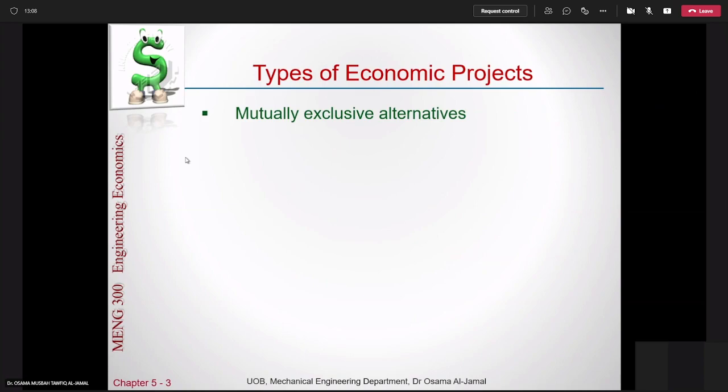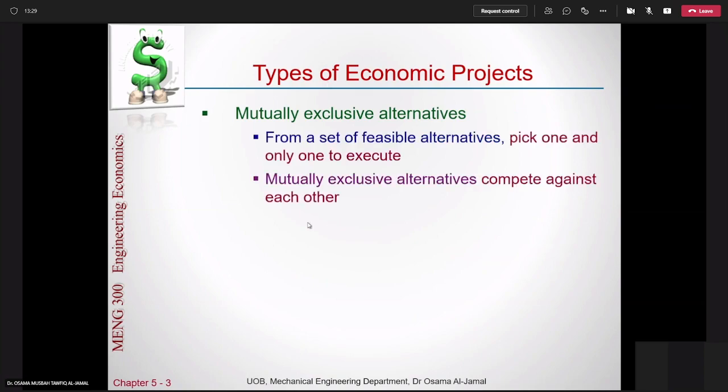So mutually exclusive alternatives is one type of economic projects. It means that we have another type, because it says here types of economic projects. One type is the mutually exclusive projects or alternatives. Read those. From a set of feasible alternatives, pick one and only one to execute.